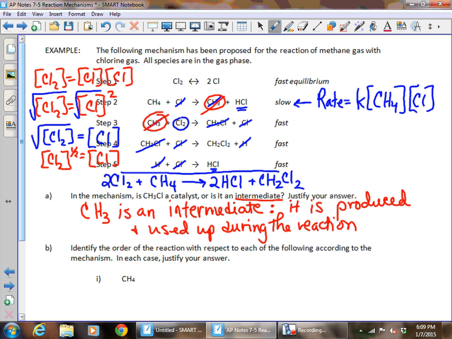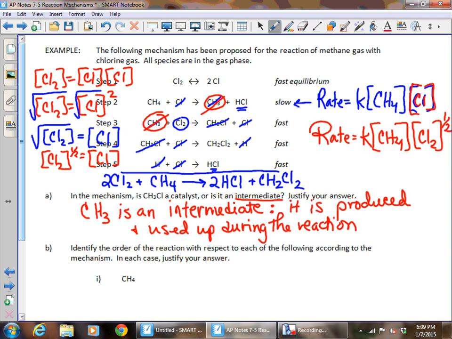So we are going to be able to replace this Cl over here with Cl2 raised to the 1/2. Rate is equal to K times CH4 times Cl2 raised to the 1/2.